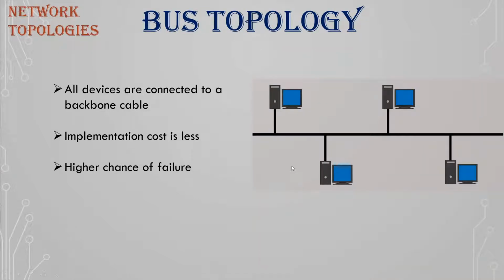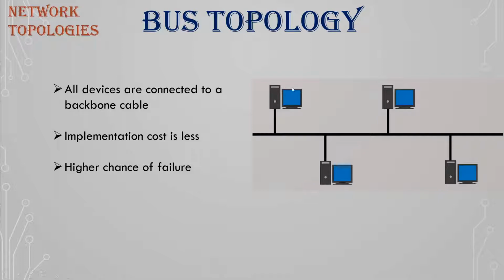Bus topology. In bus topology, all the nodes are connected to a single cable which is known as the backbone cable. Here the cost of implementation is less than any other type of topology but it has a higher probability of failure. This is a representation of the bus topology.